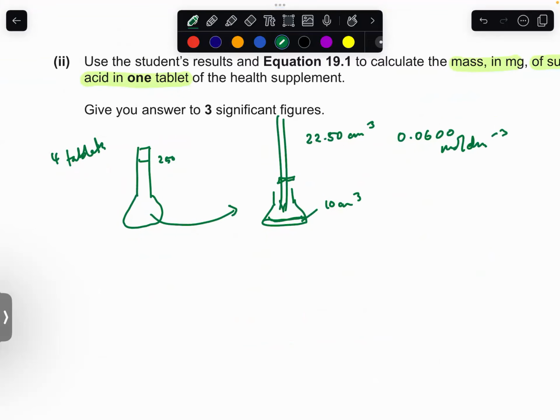Let's start processing this. For potassium hydroxide, we've got volume times concentration. Volume, that's your average titer, divided by 1,000 to convert into decimeters cubed, multiplied by the concentration, gives you the moles of potassium hydroxide used in the titration.